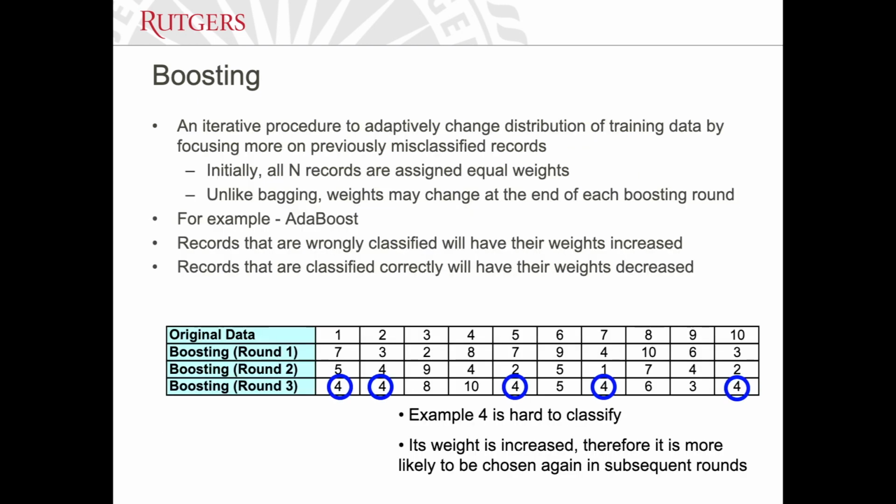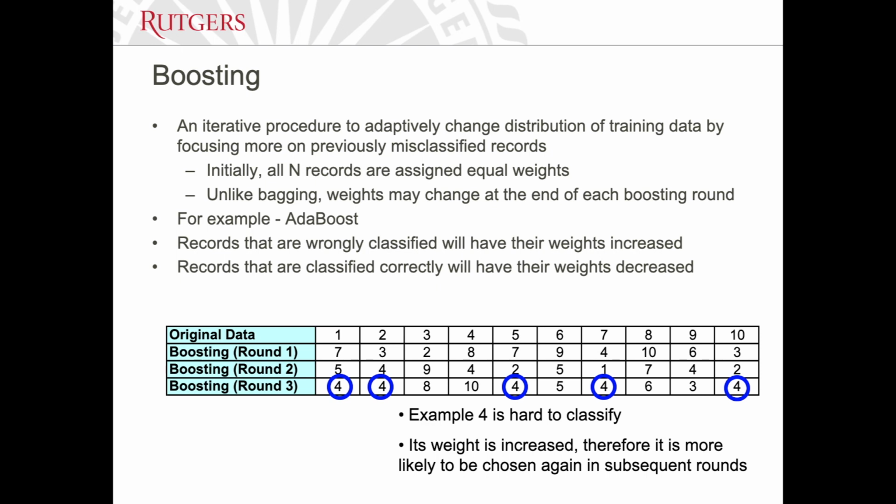Boosting is an iterative procedure used to adaptively change the distribution of training examples so that classifiers will focus on examples that are hard to classify. In the boosting method, all records are initially assigned an equal weight, and the weights are adaptively changed at the end of each round for the records that are harder to classify.